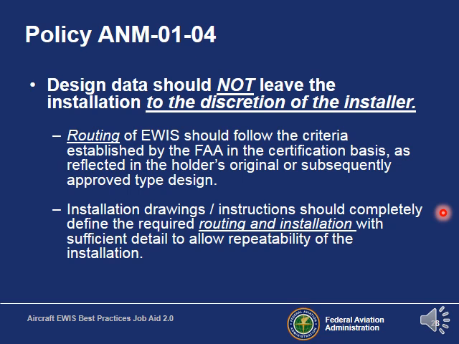As mechanics, you guys are all very capable to install wires into the aircraft. However, it shouldn't be your responsibility to create the wiring system and route it according to what you think is best. That decision should be left up to the manufacturer and not the installer.